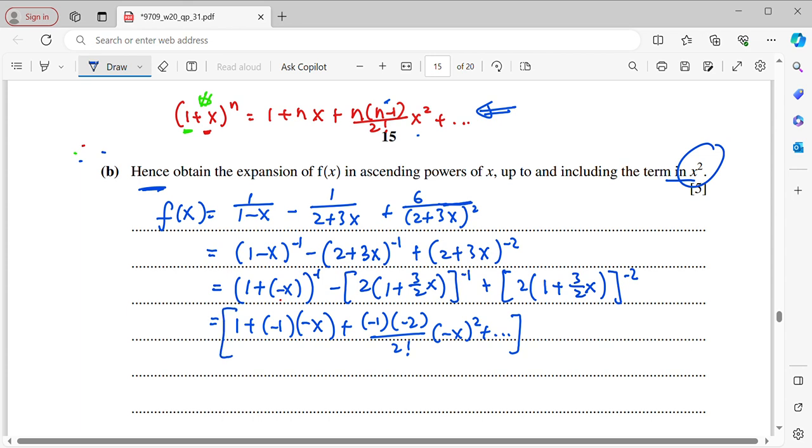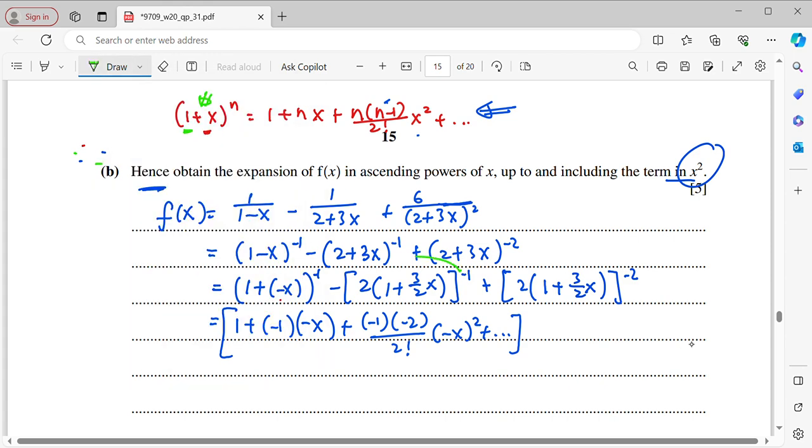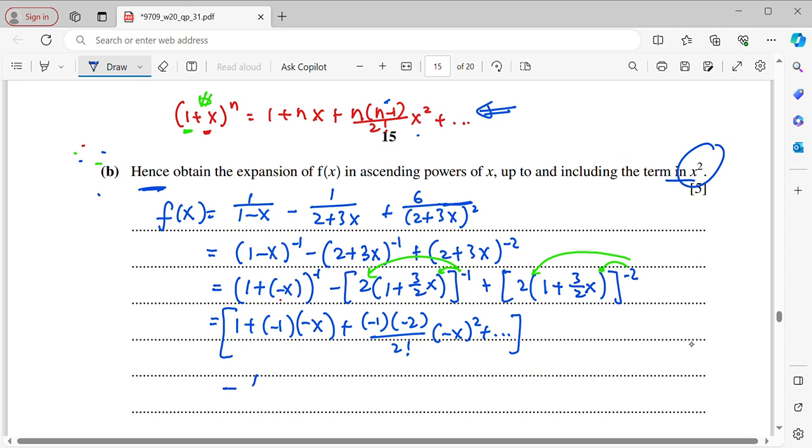And then the next one is going to be negative half. You bring in this negative and the half to this bracket. Same as the next one. So 2 to the power of negative 1 is half. So I will get negative half. The negative over here is because of the negative in this step. Then from here, you just do expansion.